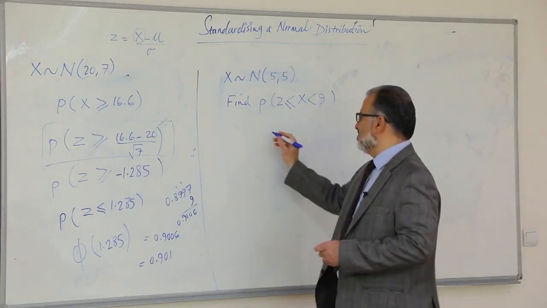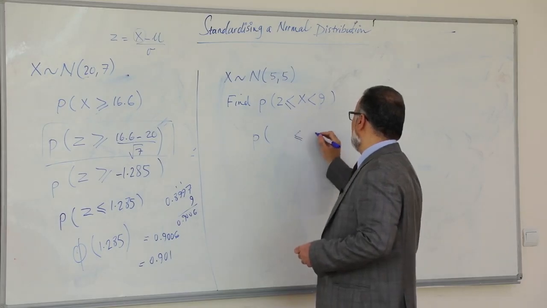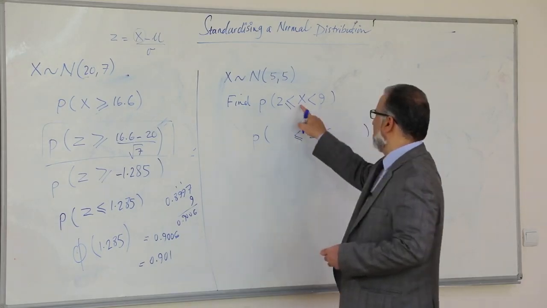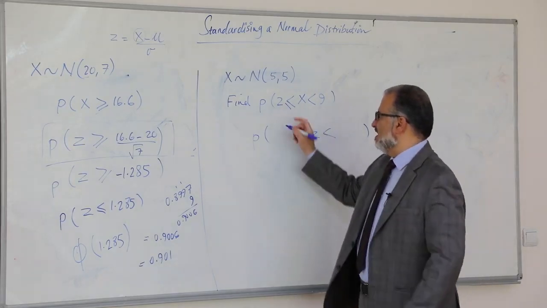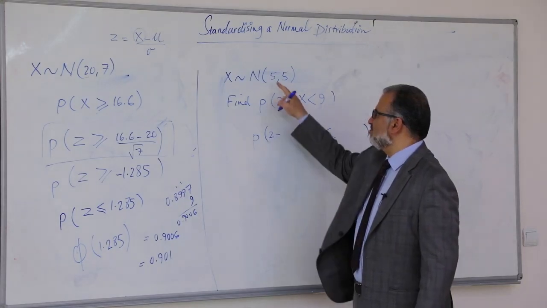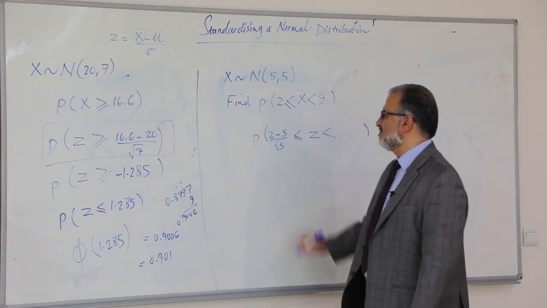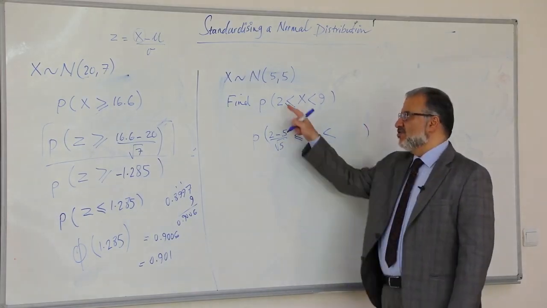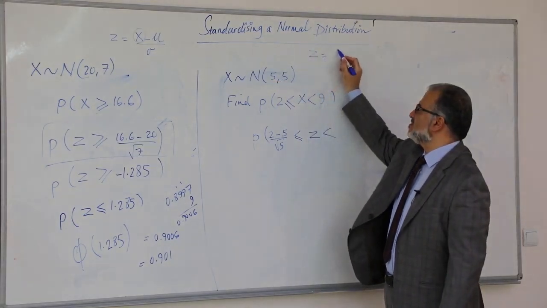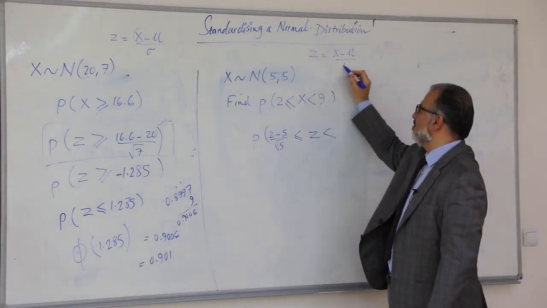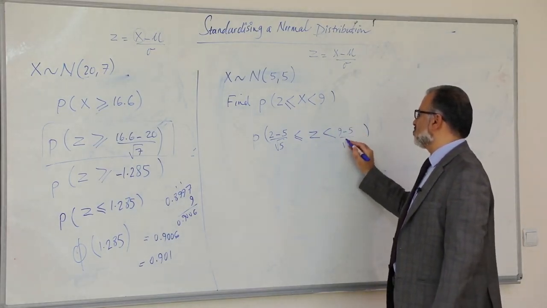So this one is equivalent to, look here, now I'm changing X into Z by the standardization process. Here what we have to do is 2 minus, what's the mean? 5, over the square root of 5. Hopefully it's clear. 2 minus the mean, as we said, Z always equals X minus mu over sigma. And here the same thing, 9 minus 5 over the square root of 5.